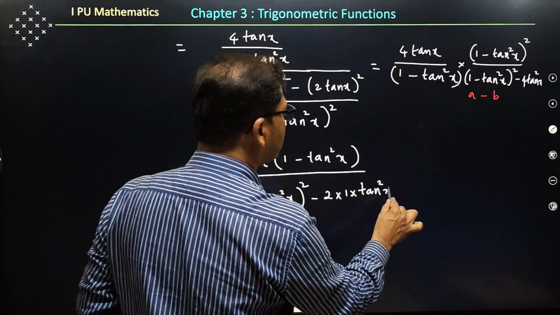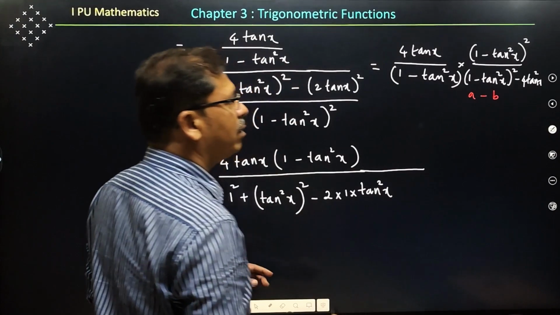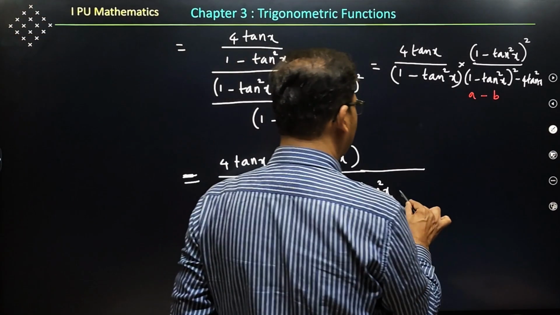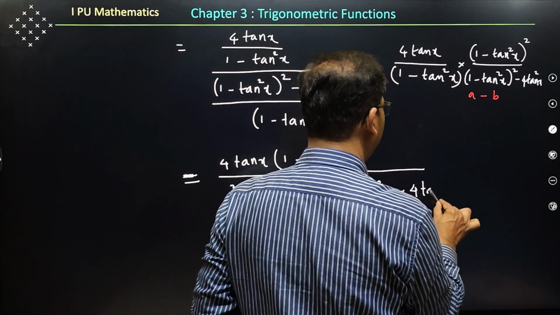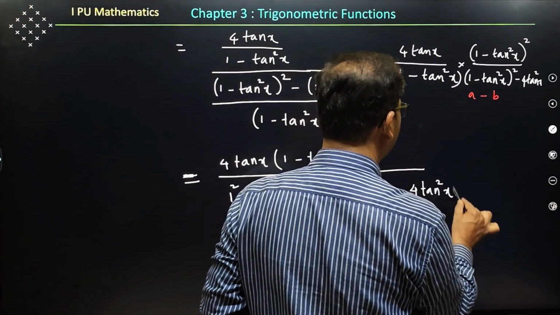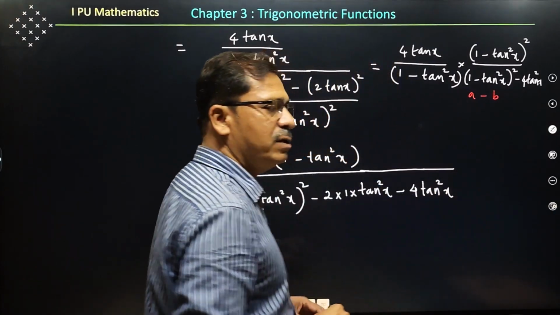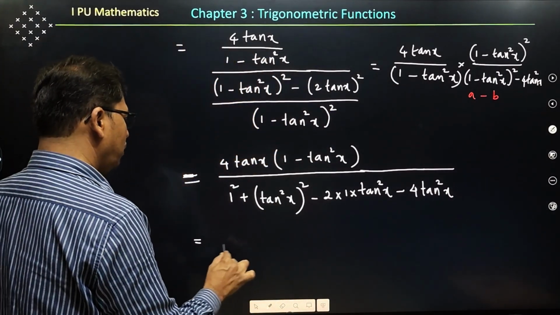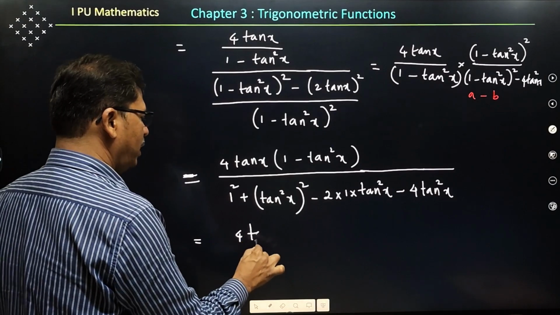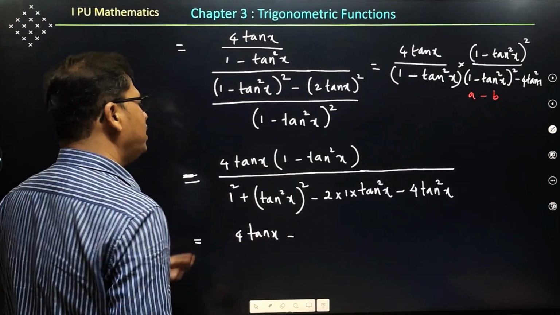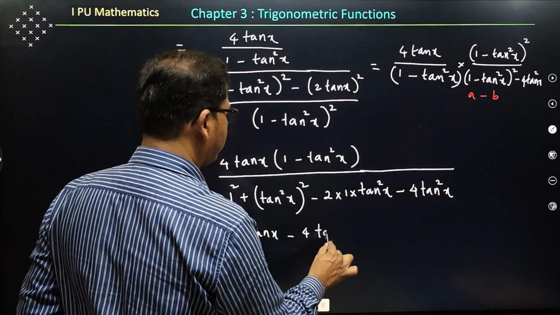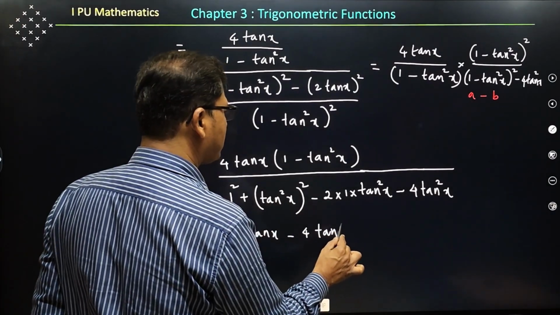Next, lastly, 4 tan square x is there, minus 4 into tan square x. Is it clear? Now this is equal to 4 tan x minus 4 tan x into tan square x, that is 4 tan cube x.